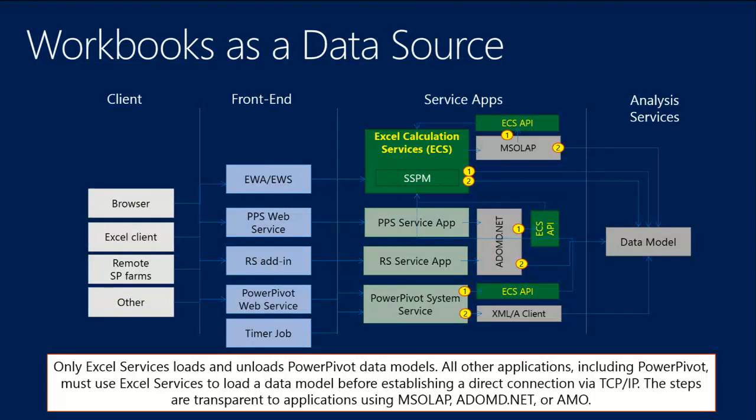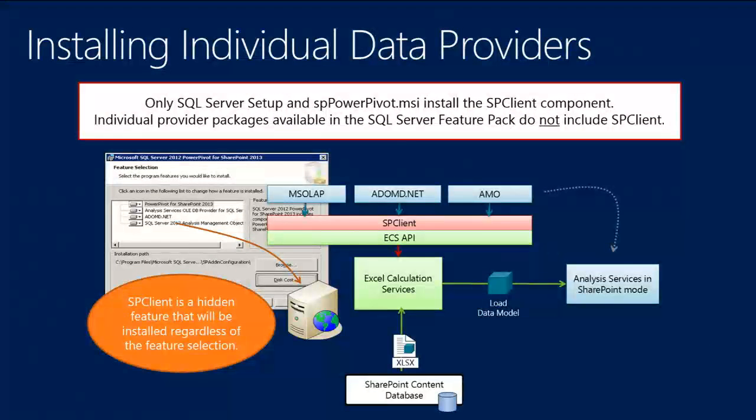That is a component that you need for these data providers to talk to the ECS API. And that component ships only in one MSI other than in SQL setup, and that is our SP PowerPivot.msi. That is our PowerPivot add-in that you can download separately from the internet, from the Microsoft Download Center.